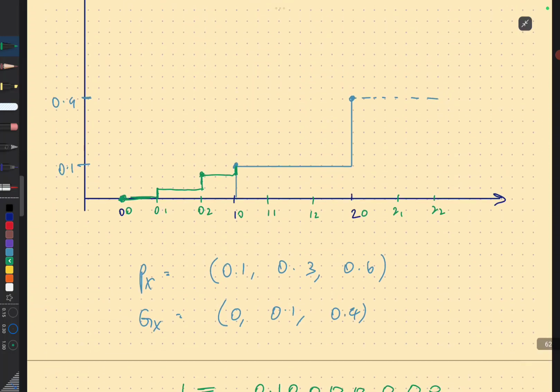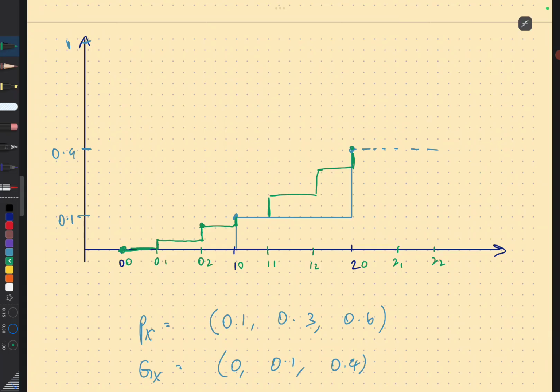So you can go on calculating this for different values. And this would basically look something like this. Any questions?